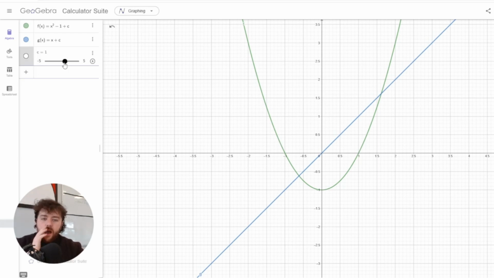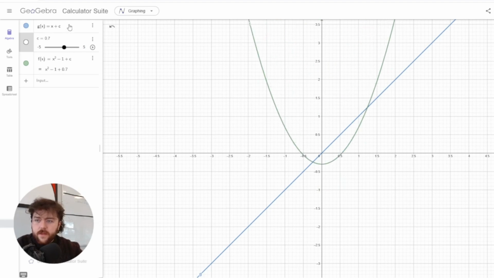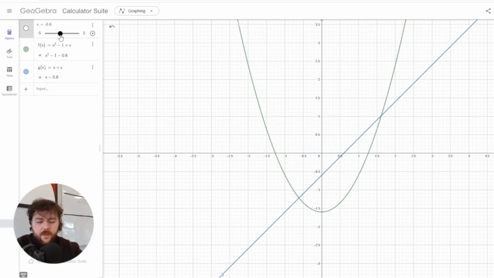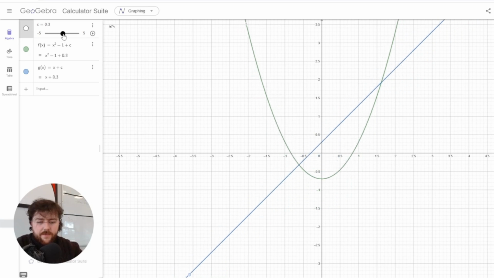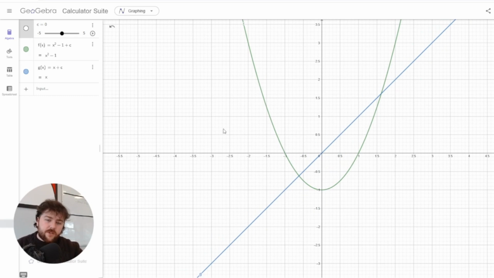If I add a constant to them, it should shift them up. Looking here, this is what I was originally asked to find. And you're probably wondering, don't we have a little negative area here?